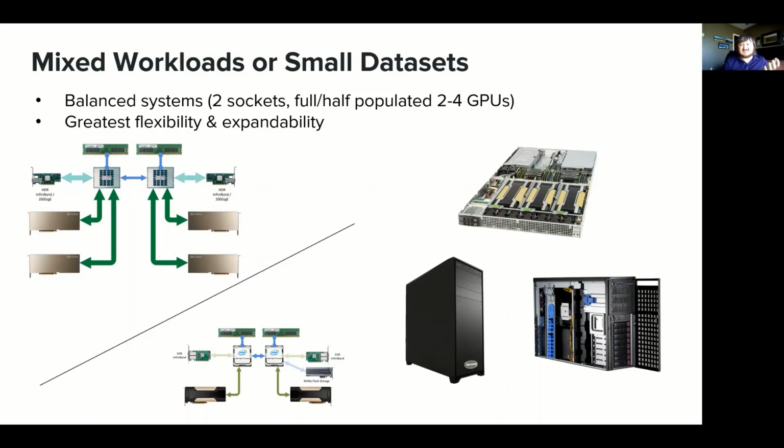People often knock this as non-performant, but I would say a majority of the AI systems that we deliver, when we're talking about the volume of systems we ship, i.e. the system count, not the GPU count, are delivered with this kind of hardware configuration for a mixed workload, because a huge number of users are doing that kind of AI and HPC together workload. They're doing that kind of blended workload or a smaller data set.